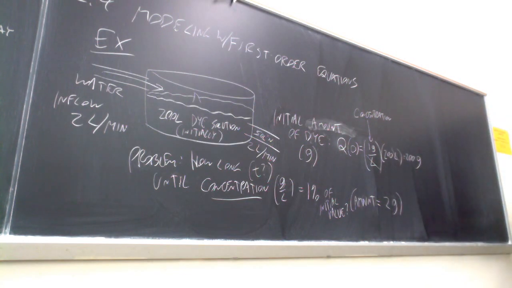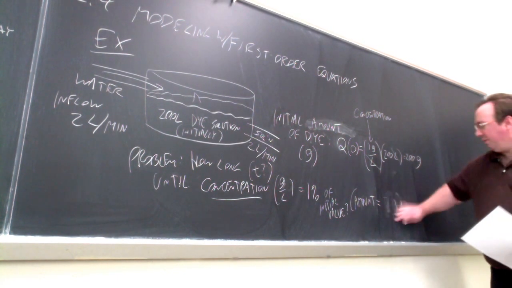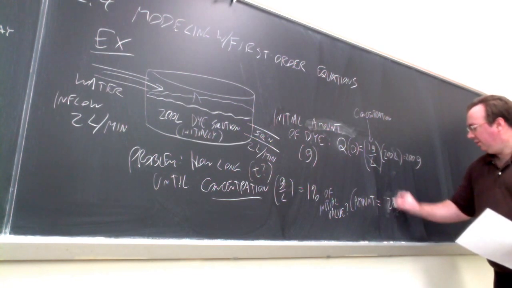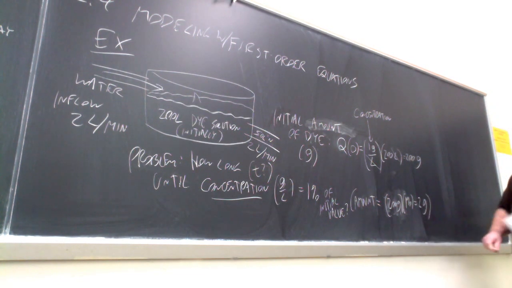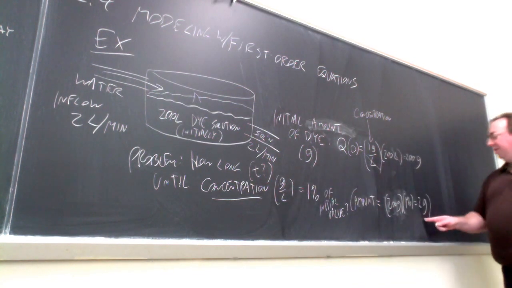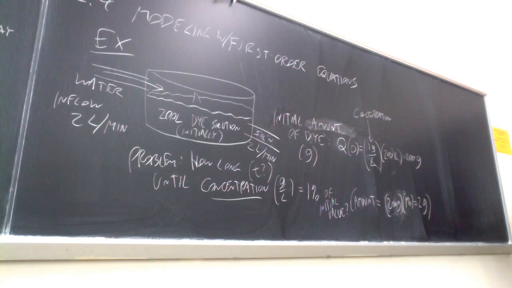We want 1% of that, and also the volume is going to remain constant because we have the same flow rate in of water and outflow of solution. So how we arrive at this is 200 grams, 1%, is 2 grams. So once we find Q of T, then we'll set Q of T equal to 2 grams, and then we'll solve for T.